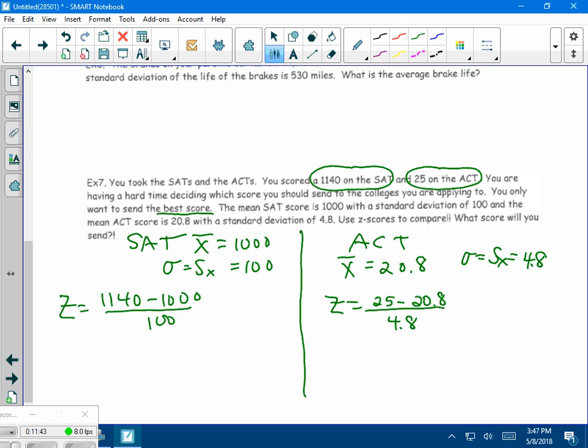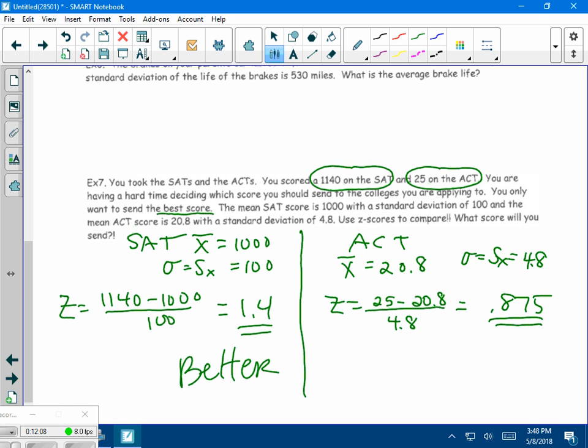Oh, that was sort of silly, I didn't need my calculator. This one comes out as 1.4. So it's good, you're above the mean. Over here, if we do 25 minus 20.8, you get 4.2. Over 4.8, you get 0.875. So comparatively, you did better on the SAT compared to everybody than you did on the ACT.